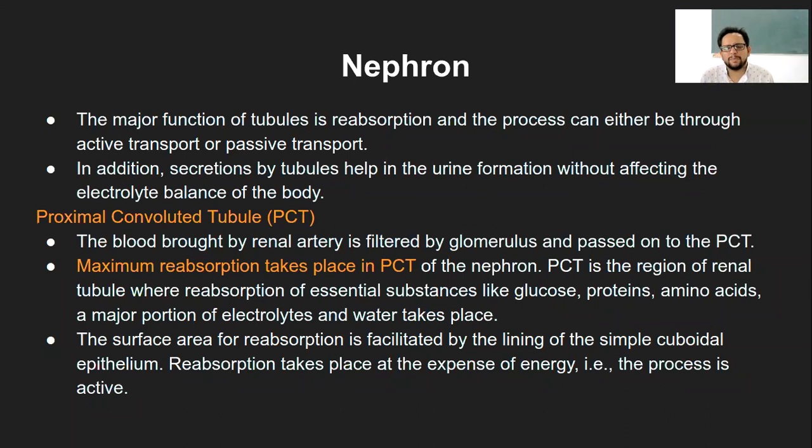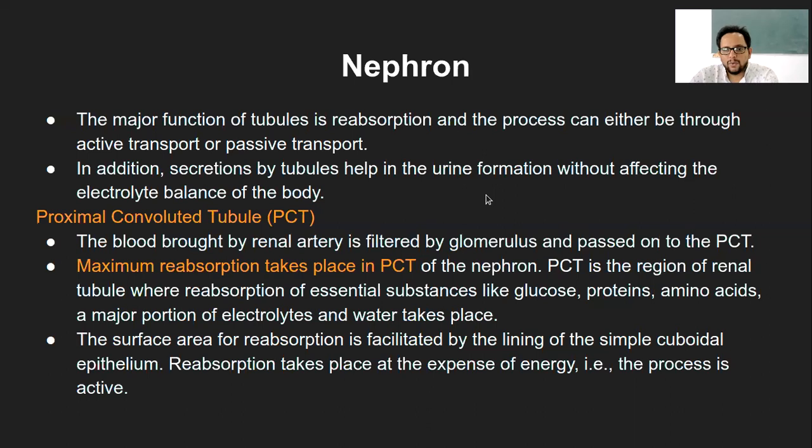And this is specifically required to maintain the electrolyte balance or the homeostasis within the body. So whatever water is gone out can be reabsorbed, or if it is in too much excess, it will be secreted out into the urine.